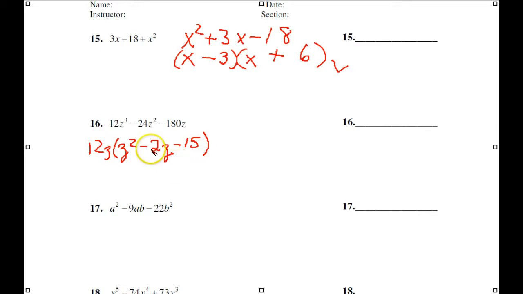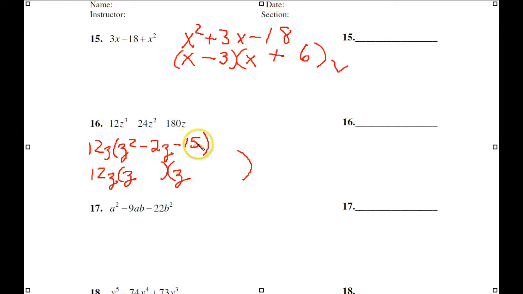Okay, you can just check your work to be sure you've done it right. 12z out of each term, yep. I've got the right signs. That looks good. Okay, so the 12z stays. And now two sets of parentheses. So z and z.